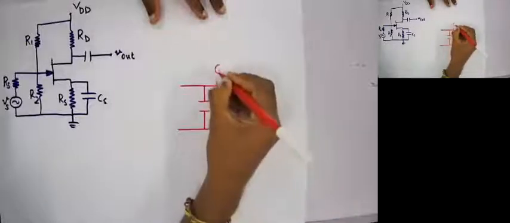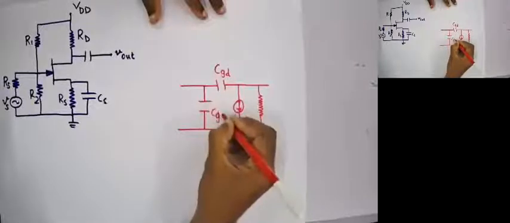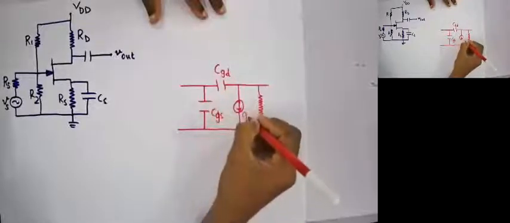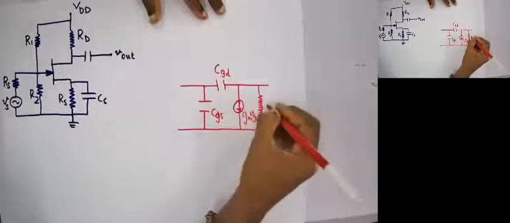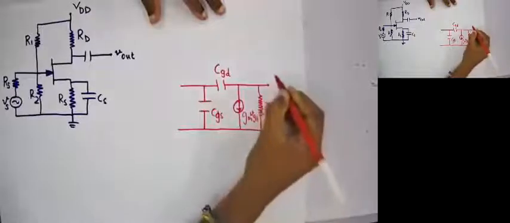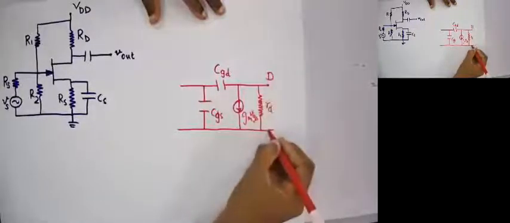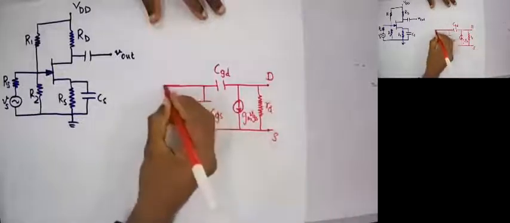This will be CGD, CGS, gm into VGS. This will be rd, right? So this one will be my drain terminal. This will be my source terminal, and this will be my gate terminal.